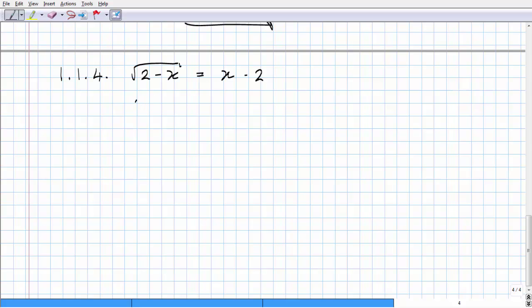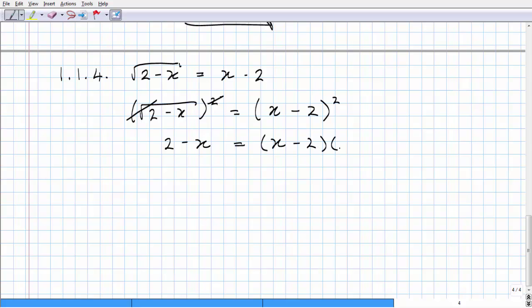So if we have square root of 2 minus x squared, then whatever we do to the one side, we've got to do to the other side. Obviously that squared cancels with the square root, and we end up with 2 minus x, and that's equal to x minus 2 times x minus 2.